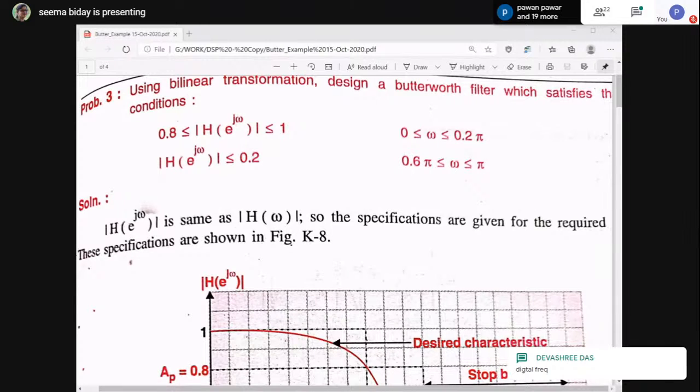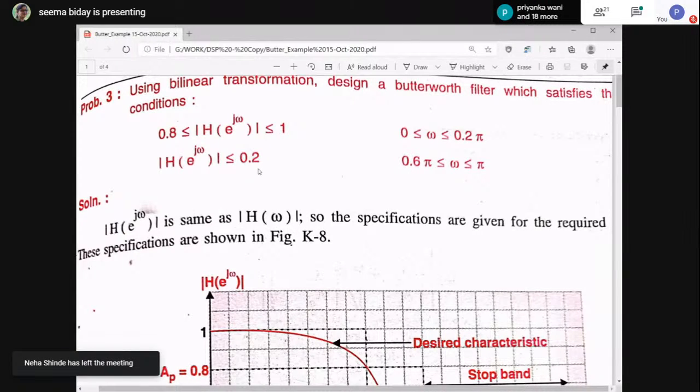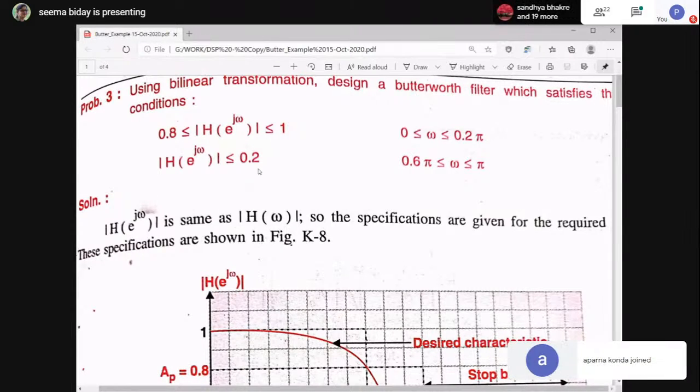Okay. Now see here, this is the last but one lecture on filter designing. Chebyshev filter is left to you. You have to study it, because in depth we are studying these Butterworth filters. For Chebyshev filter, only the formulas are different.